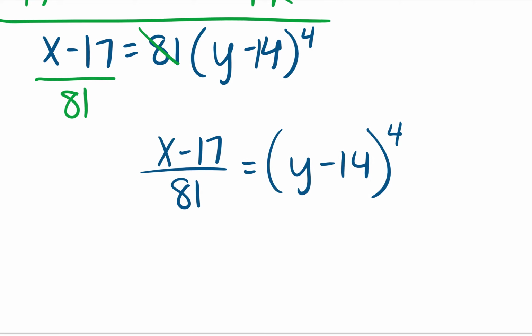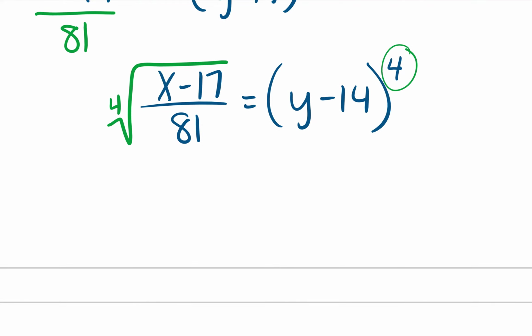Okay, so now I'm at my exponent, right? So remember, whatever my exponent is, I flip it to the other side. So because it's an exponent of 4, I would do 1/4, which is the 4th root. Alright? So let me go up here and write that, just to have some room.